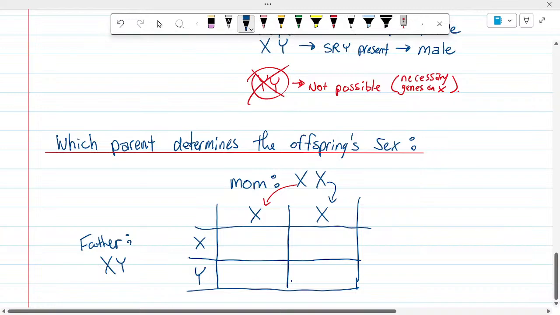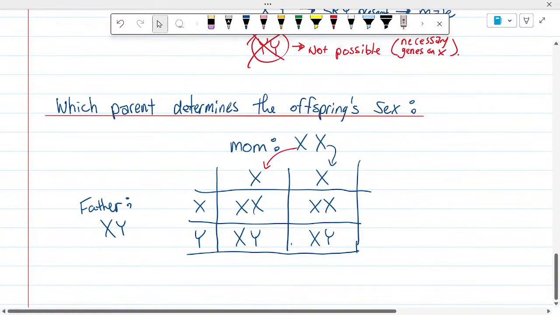If one of his sperm that has an X chromosome in it meets one of mom's ova, we get XX, which means that this offspring will be biologically female. Likewise, here we're going to get a female. But here we will get male, and here we will get male. So your biological father is responsible for your biological gender.